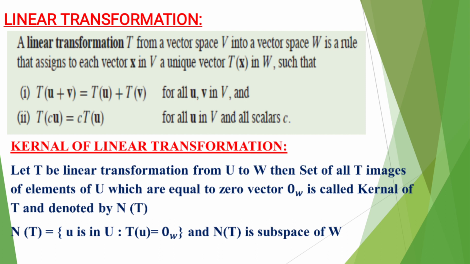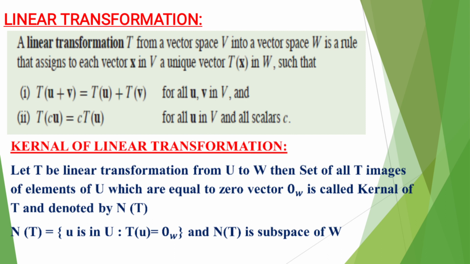First, T of u plus v equal to T of u plus T of v. Second condition, T of cu equal to c times T of u. If these two conditions are satisfied, then we say that the mapping T is a linear transformation from V to W.